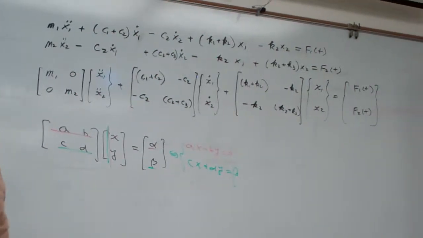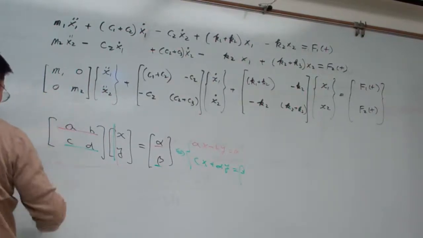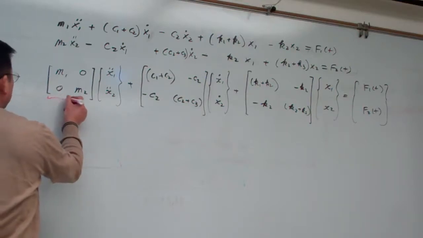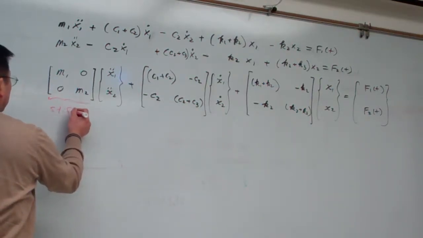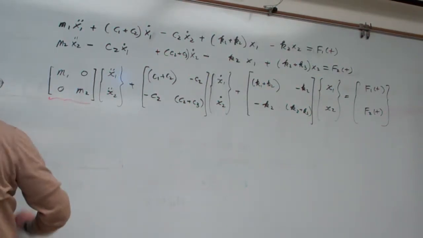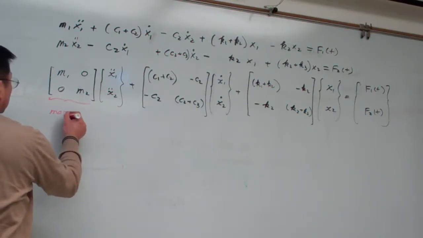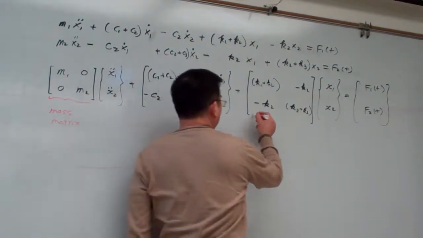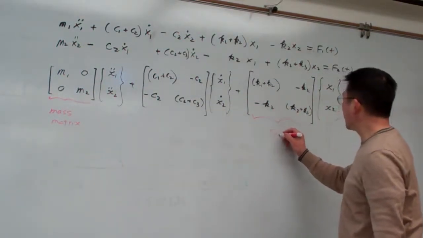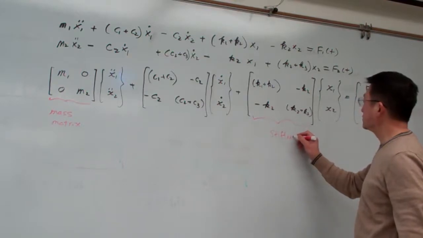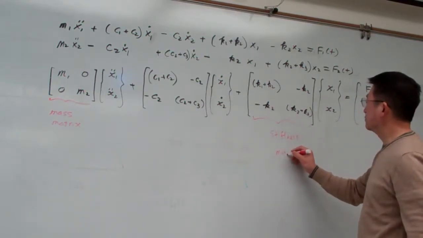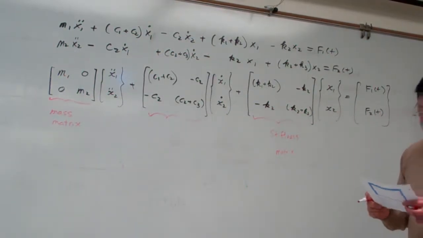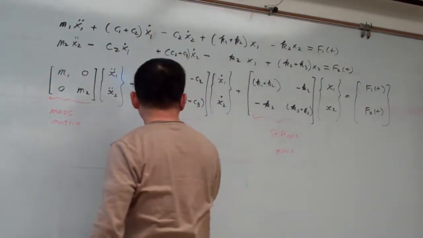And here is a definition. Again, we talked about this last time already. This one is called the mass matrix. Okay, and this one about the spring we define as the stiffness matrix. And this one is about the damping, and that is called the damping matrix.